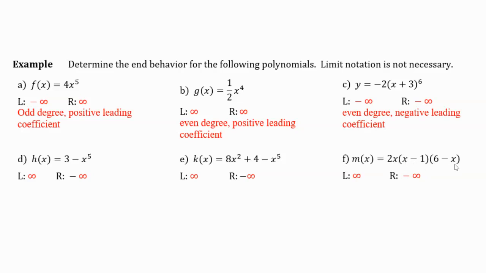Once you did the multiplication, you would end up with x to the third power as the degree of your polynomial. As far as whether or not it was positive or negative, you do want to look at your x terms. You can see I've got a positive and a negative. So I would end up with a negative lead coefficient. Therefore, it's going to be like a line that falls. Positive on the left, negative on the right.